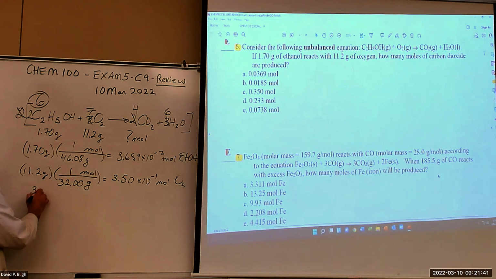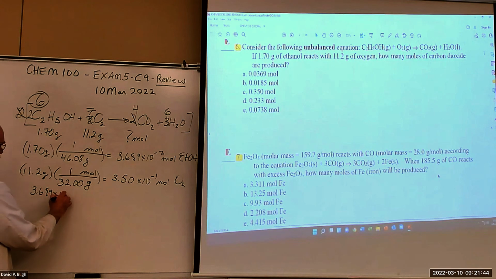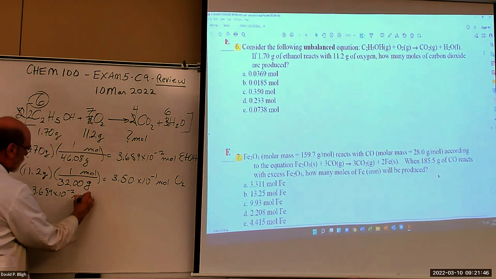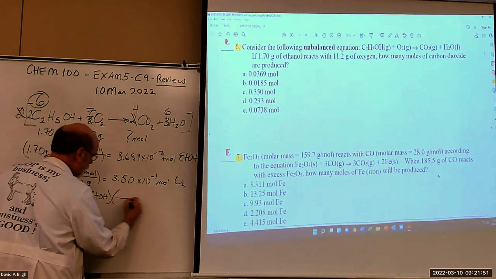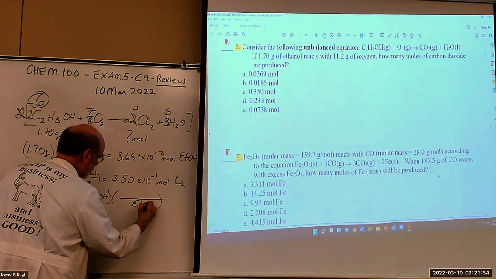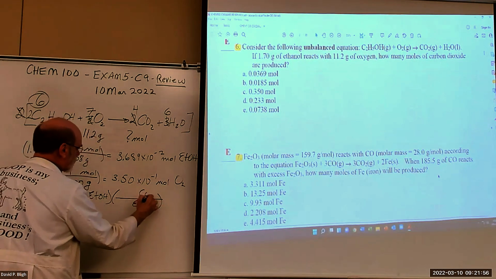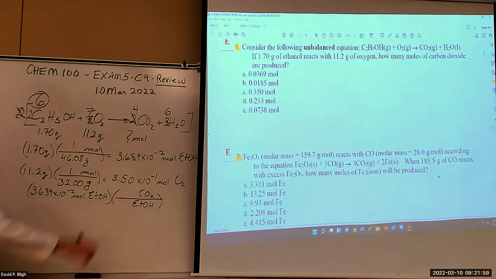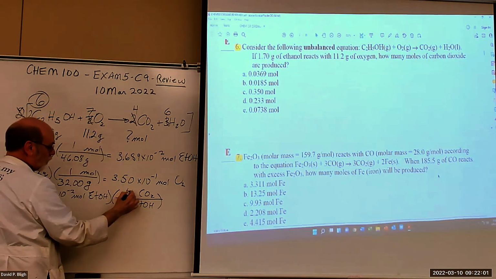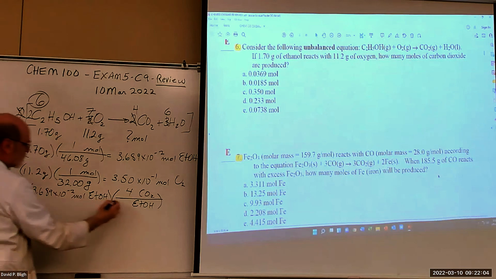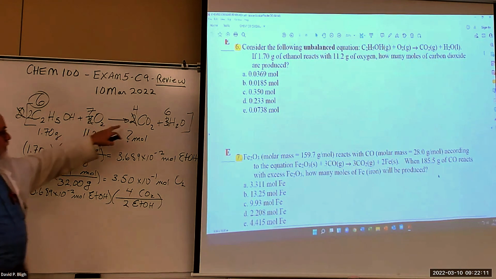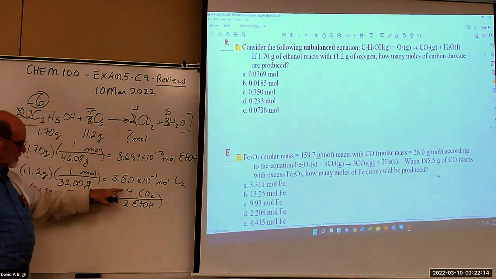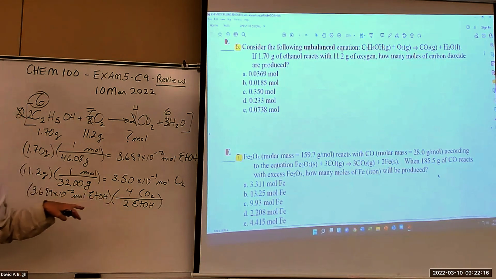So if we have 3.689 times 10 to the minus 2 moles of ethanol, we need a conversion factor that will take us from ethanol to carbon dioxide. Coefficient of carbon dioxide is 4. Coefficient of ethanol is 2. If we had not changed that fraction, it would have been 2 here and 1 there. 2 to 1, and the same thing is 4 to 2.